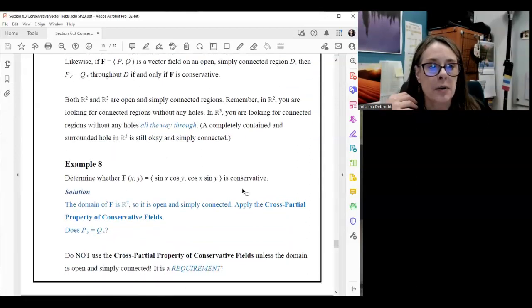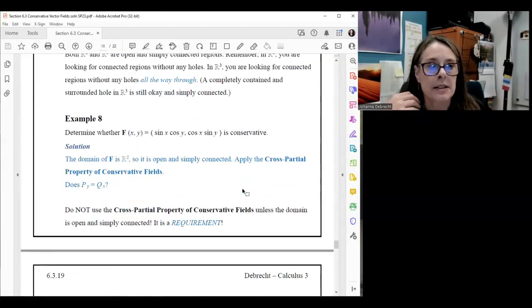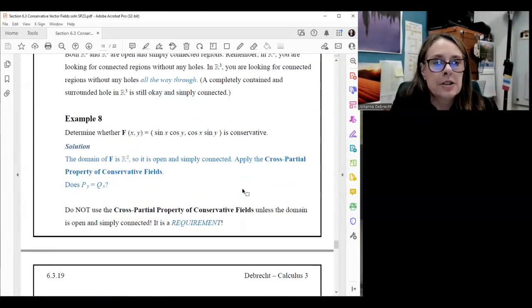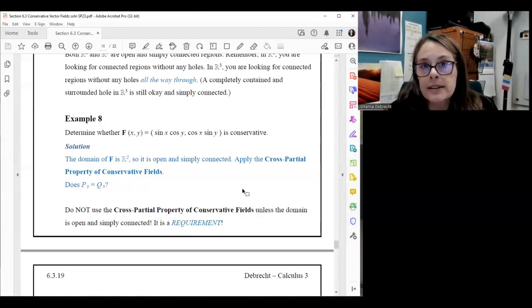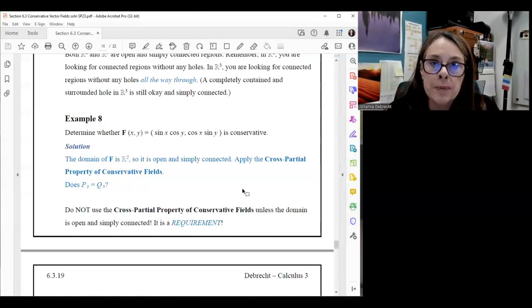All right, so now what we want to look at is example number 8. So looking at example 8, we have sine of x, cosine of y, cosine x, sine of y. Is it conservative? Well, okay, so first we look at the definition of the vector field, and we're like, well, what kinds of x's and y's can I put into this function and it be defined? Well, any real value. So it's defined on all of R2.